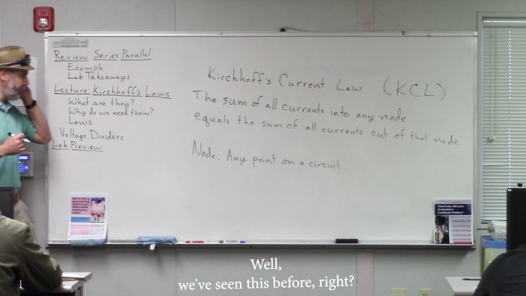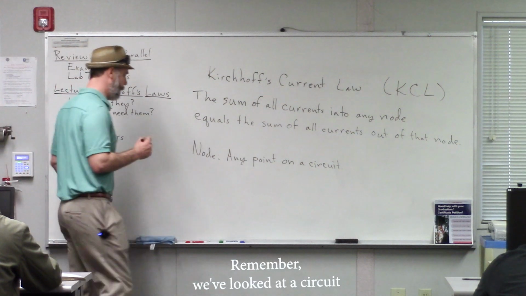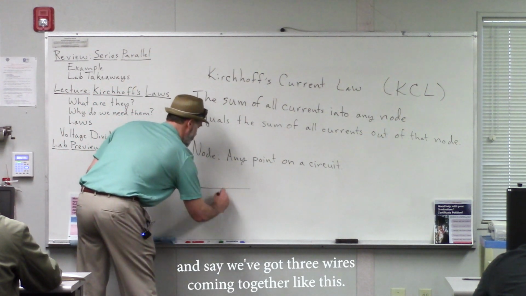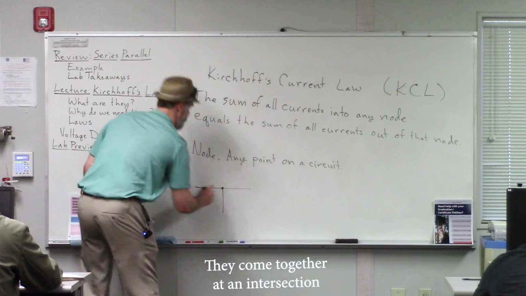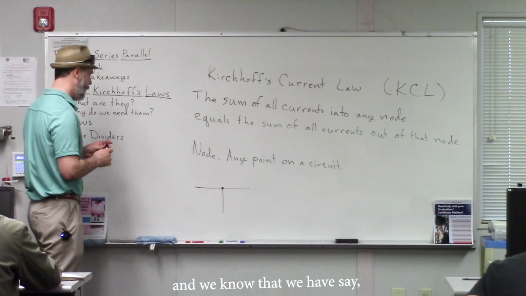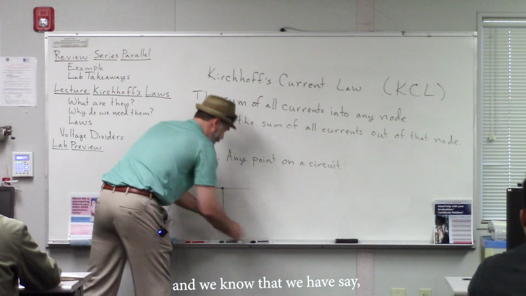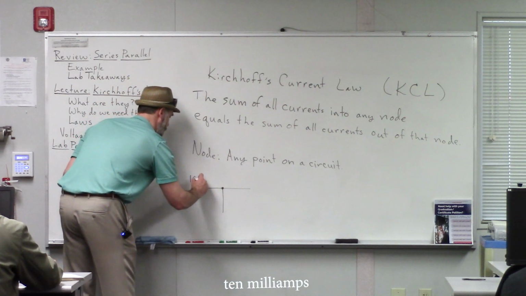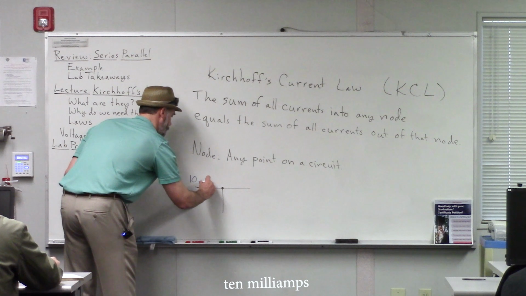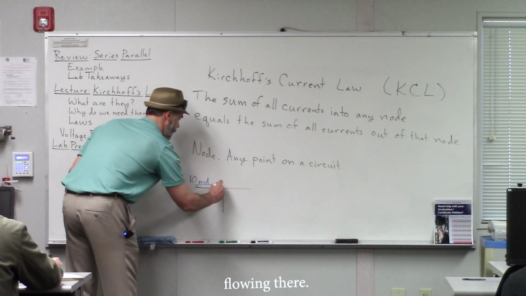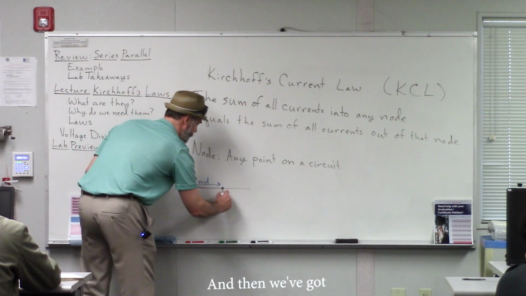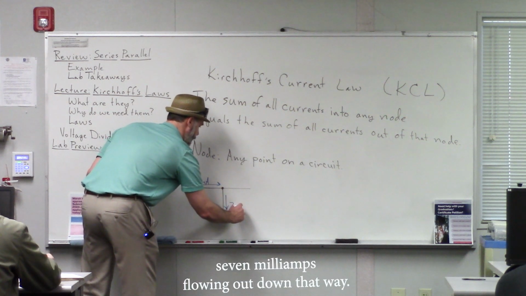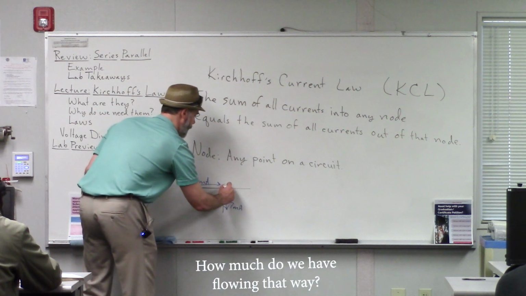Well, we've seen this before, right? Remember, we've looked at a circuit and say we got 3 wires coming together like this. And they come together at an intersection, and we know that we have, say, 10 milliamps flowing there, and then we've got 7 milliamps flowing out down that way.